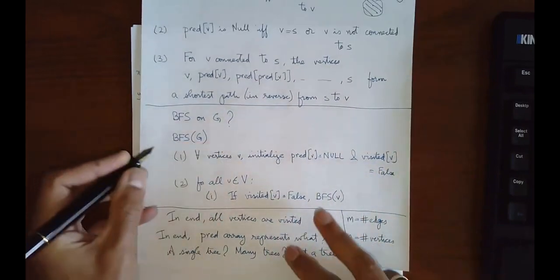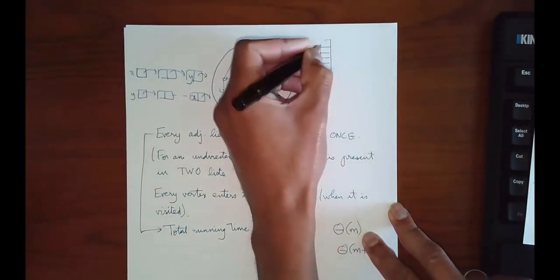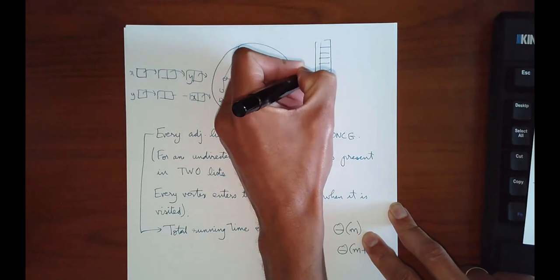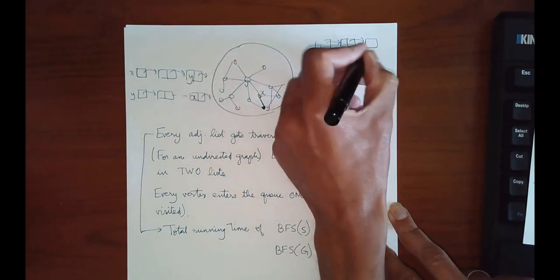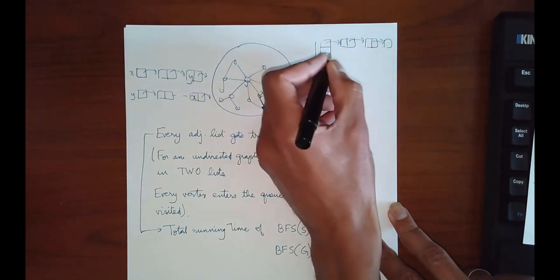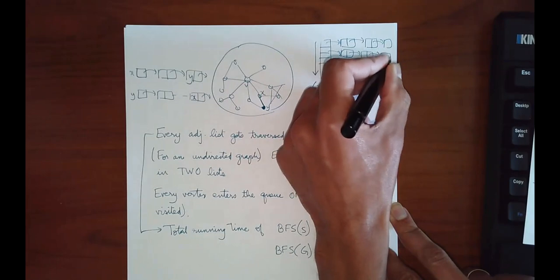So remember that what BFS G does is go through this array of head pointers with a for loop. It's almost like traversing a hash table with chaining.